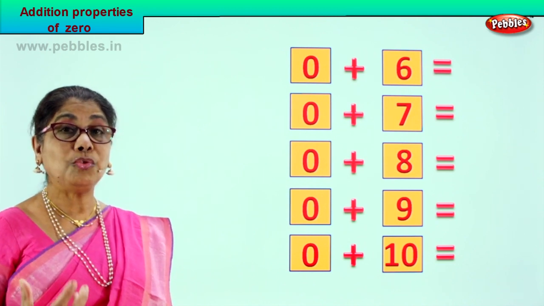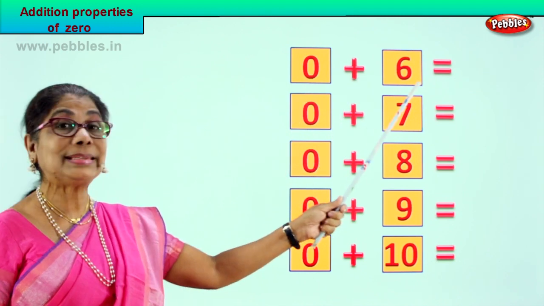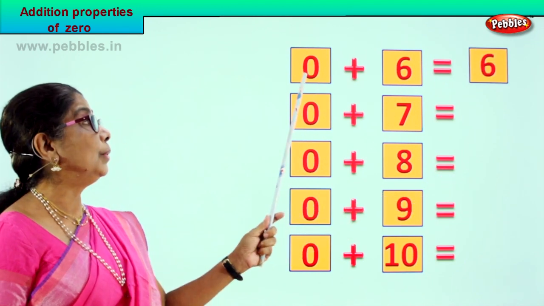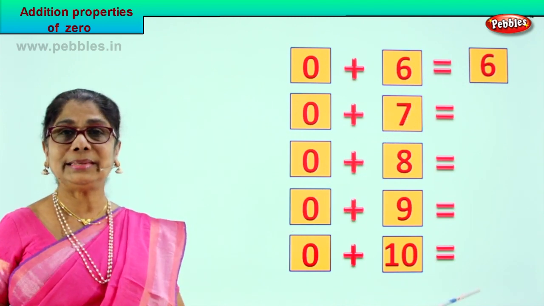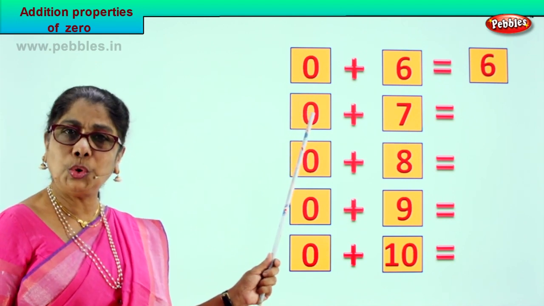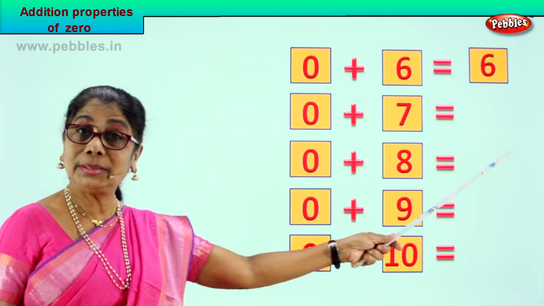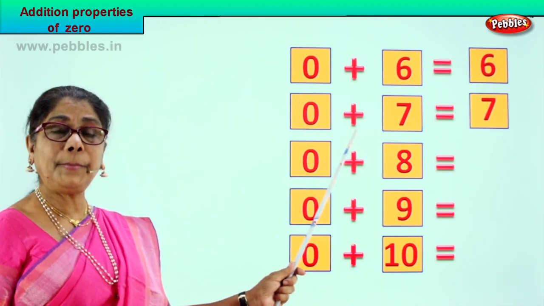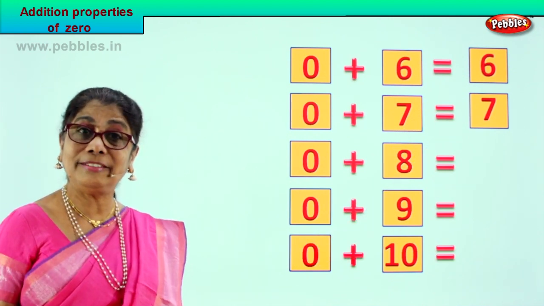Look carefully. Read with me. 0 plus 6 is equal to the number 6 itself. Good. Let's take the second one. 0 plus 7 is equal to the number 7 itself.